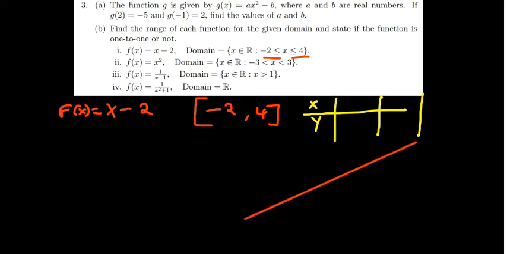So looking at this example, the other beauty about a linear function is if I just get the value here, the starting point of x and the one there, I'll be able to get the range. That's the beauty about a linear function, because it increases or reduces at the same rate.